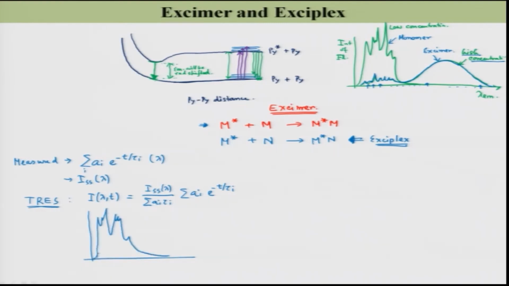And as time goes, so this is time t equal to 0, and after some time you will see a little bit has formed, time t equal to t, and at time t equal to infinity probably what you are going to see is such kind of thing, right. So, from here you will be able to calculate the evolution of this band with time, and you can talk about the formation kinetics, right.